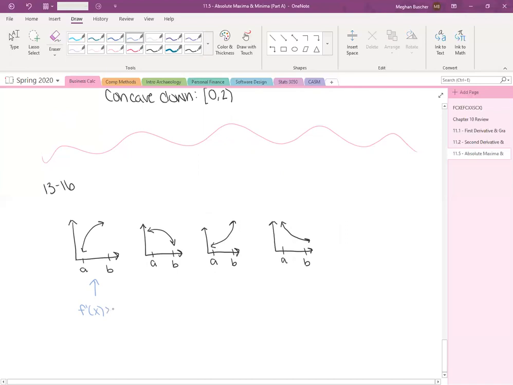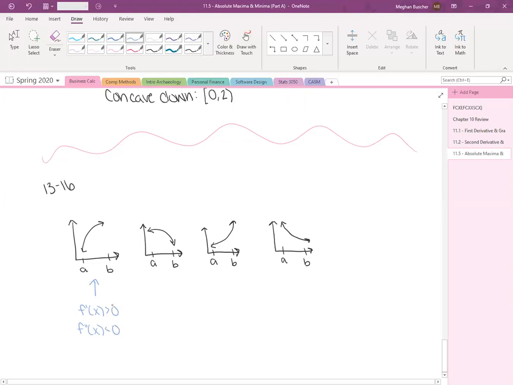Positive, exactly. And are we concave up or concave down? We're concave down. Yep, awesome. I think you already got it figured out. But then what does that mean for the second derivative? It's negative, right? Exactly.